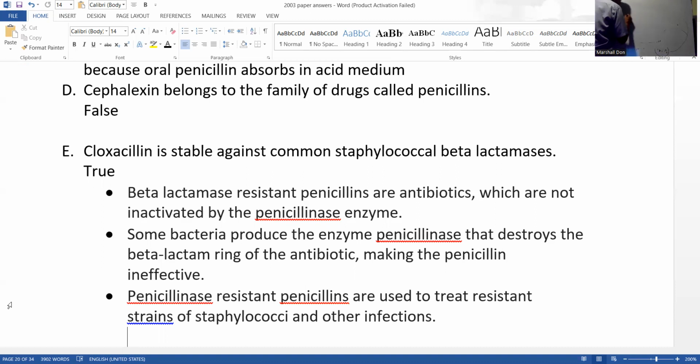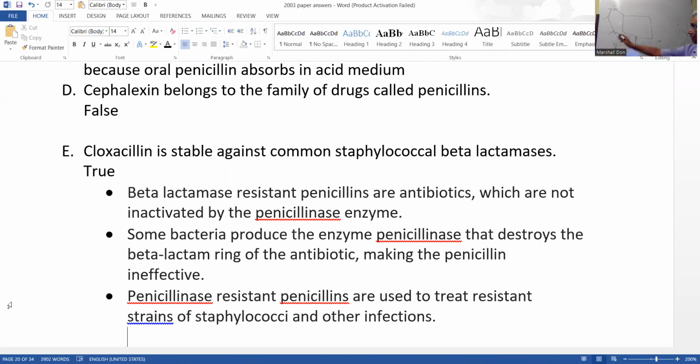the beta-lactam ring, and it has branches, and these are branches. This branch is coming up to here. So normally beta-lactamase enzyme destroys the beta-lactam ring in the penicillin molecule.